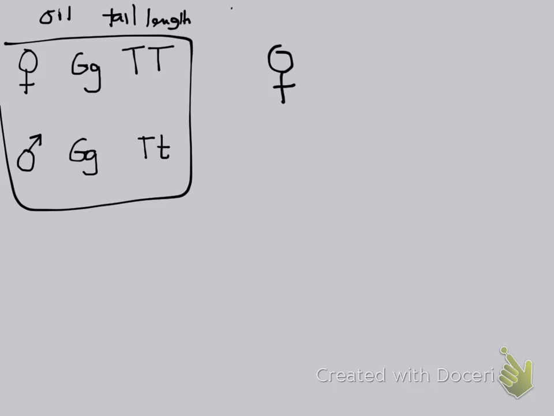Just oil right now. So it could be a big G, it could be a little g. She has two options for oil production. For tail length, for every egg that has a big G, what possible alleles exist for tail length?